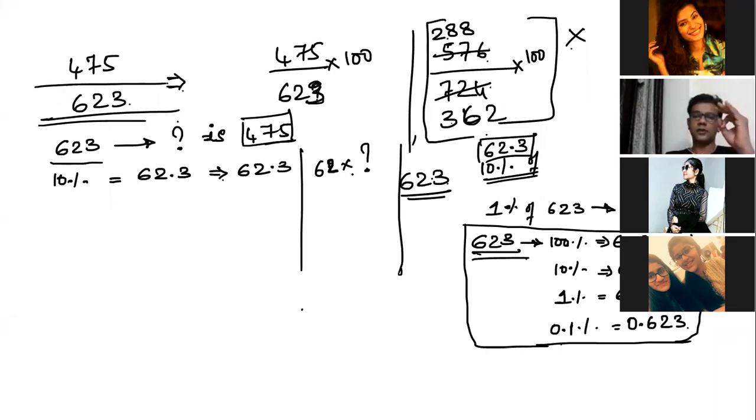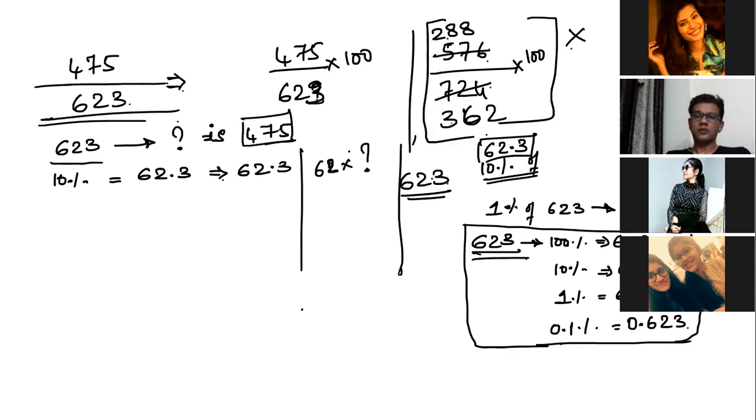So in this case, my multiplication table becomes important. What is 6 8s? 6 8s are 48. But what are you searching for? You're searching for a value here, 47. 475 means what? 47 something, right? So 6 into 8 will give me something in 48.